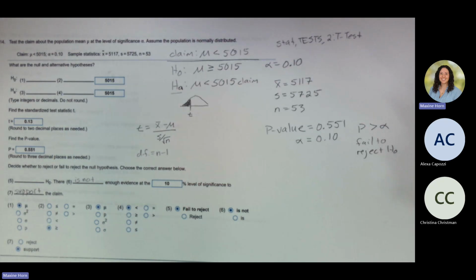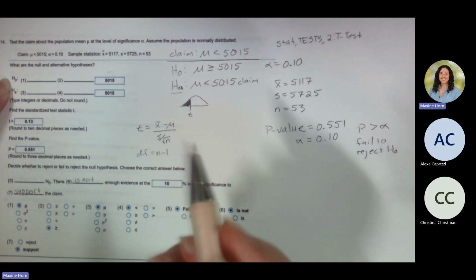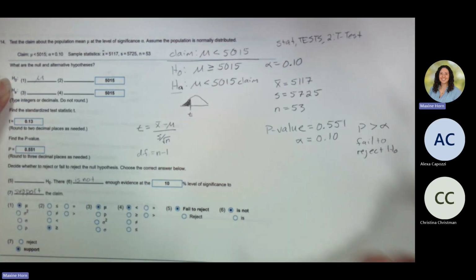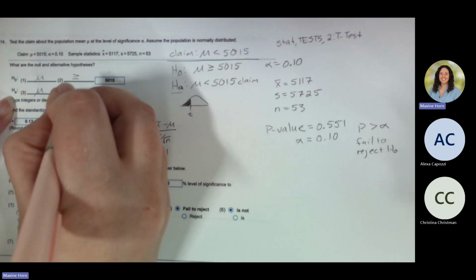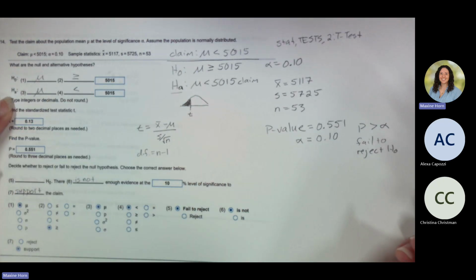Okay, so they want that our null hypothesis is that the mean is greater than or equal to. Our alternative hypothesis is that the mean is less than that. Okay, we found those two numbers.